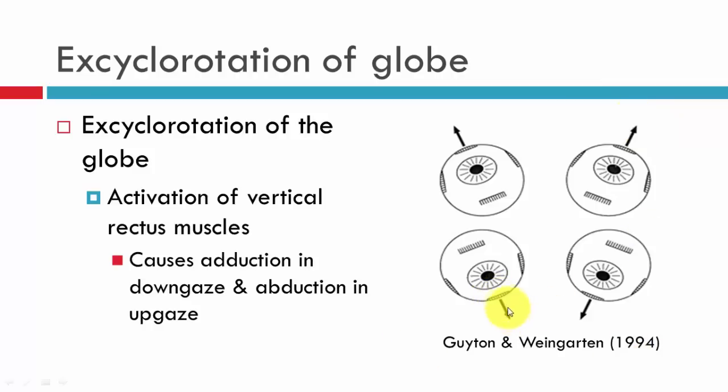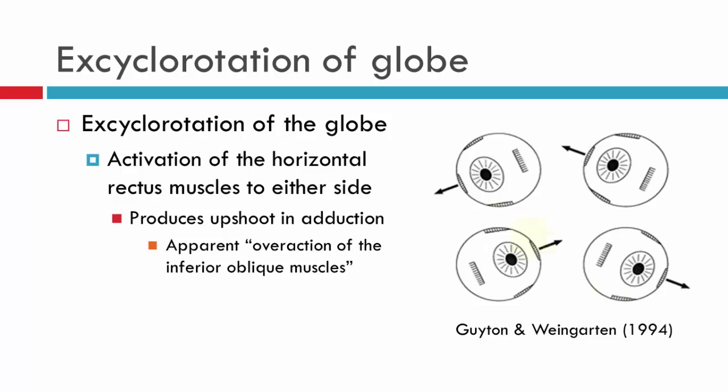And in downgaze here, the inferior rectus is causing adduction or greater adduction in downgaze, producing what appears to be a V pattern. Looking at the horizontal muscles here, we can see the downward displacement of the lateral rectus and the upward displacement of the medial rectus is causing what appears to be an upshoot of the eye in adduction.